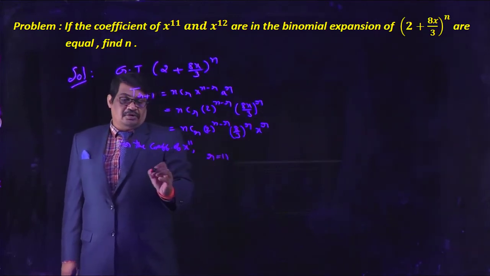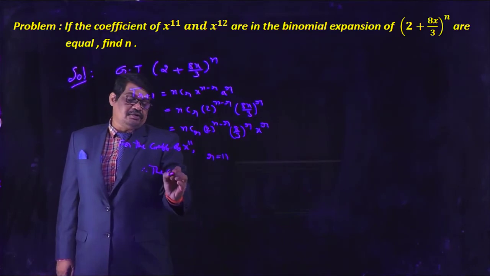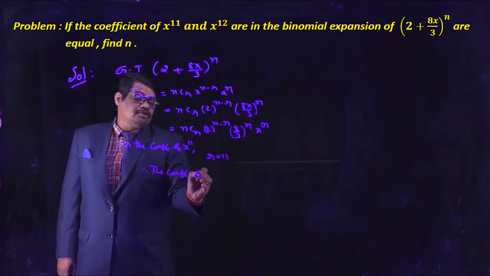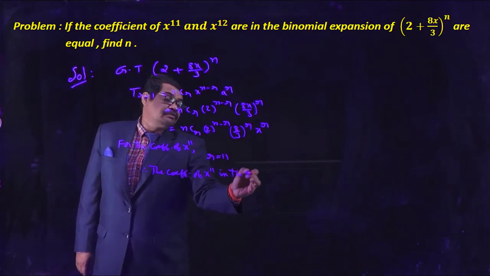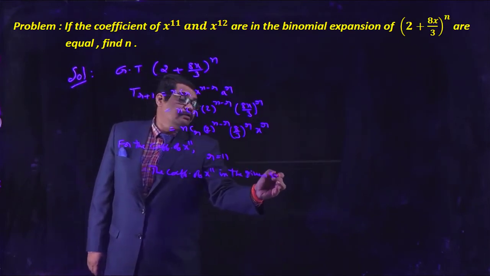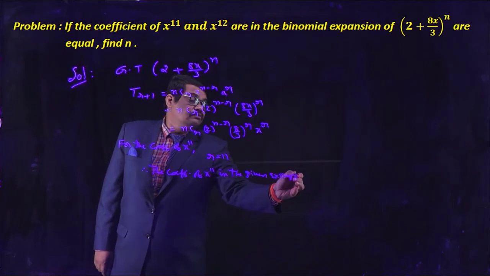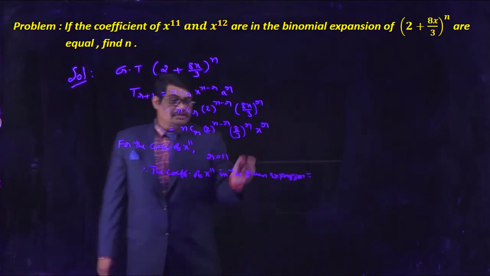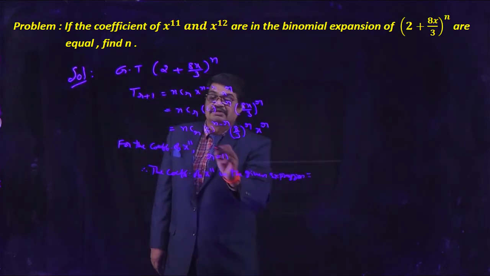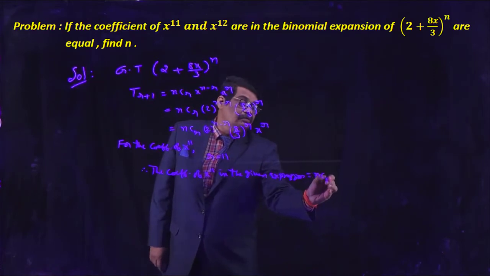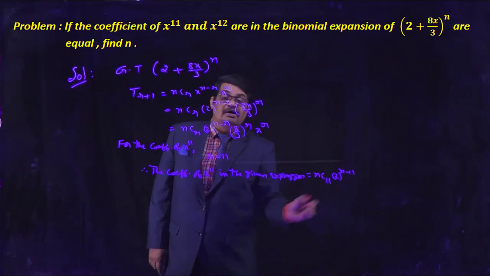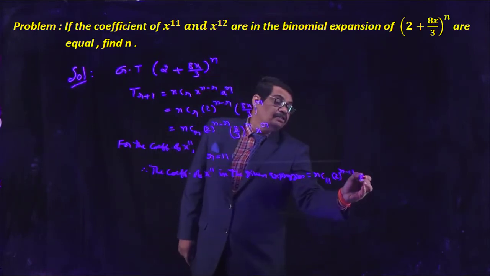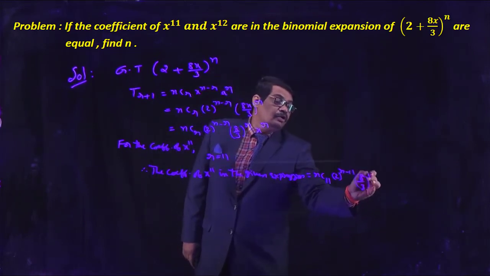Therefore the coefficient of x to the power of 11 in the given expression: r is 11, that is nC11 into 2 to the power of n minus 11 into (8/3) to the power of 11.